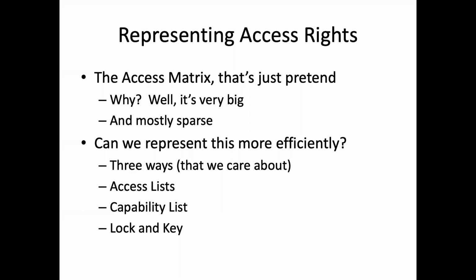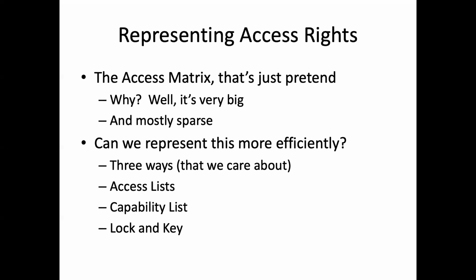So in practice, we represent this in a compressed way that lets us leave out entries that would otherwise be empty. Entries where a particular user or a particular domain shouldn't have access to that particular object.